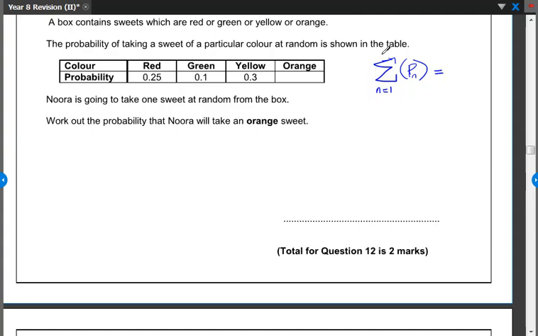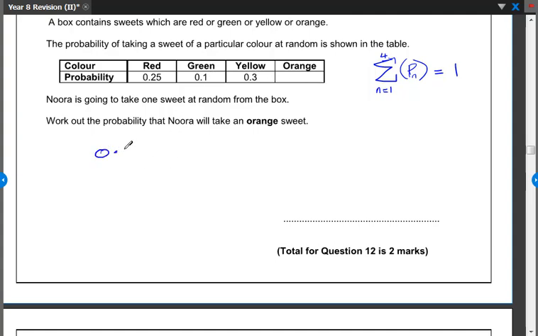Let's say, in this case, 4, equals 1. Okay, that might look like gobbledygook to you right now. This just means the sum of all probabilities, from the first probability to the 4th, is equal to 1. That might confuse you, so don't worry about it. Basically, it means all of these numbers should add to 1.